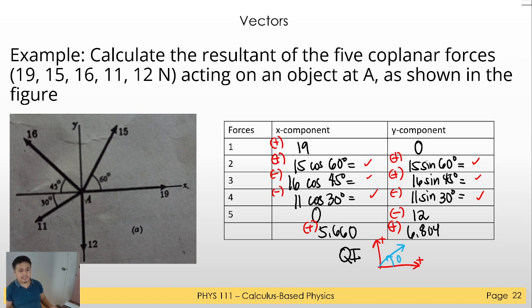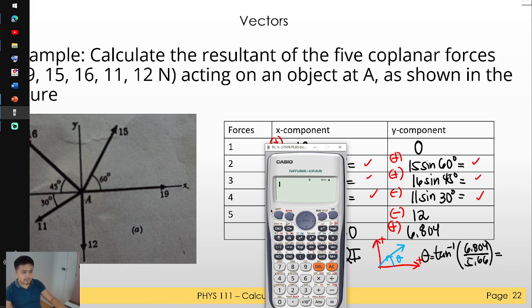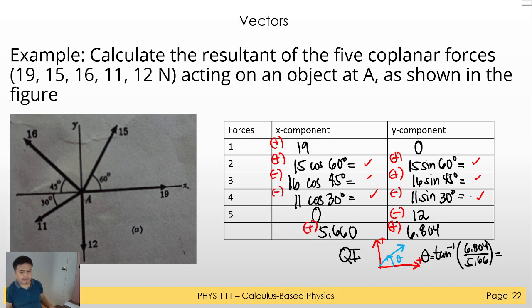So we can just find the theta directly, which is the arctangent of 6.804 over 5.66. Okay, let's solve for theta. Theta is equal to arctangent of 6.804 over 5.66. So we have 50.24.